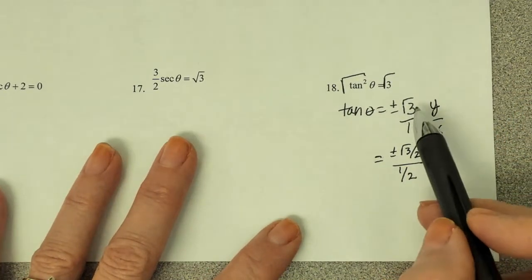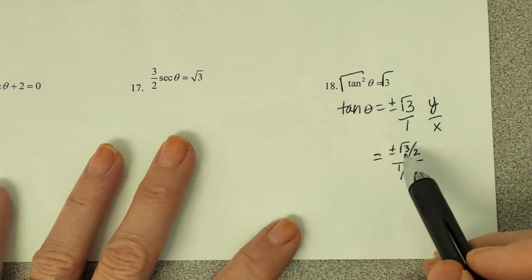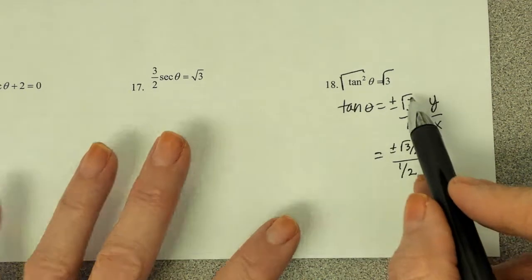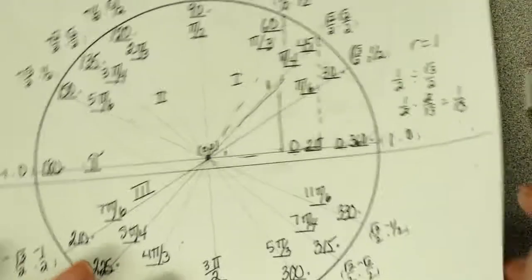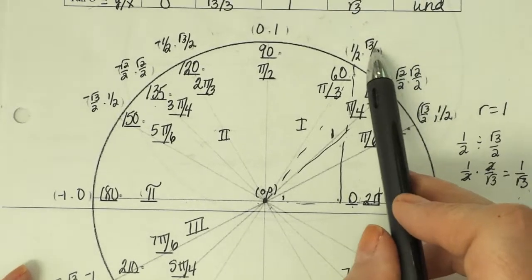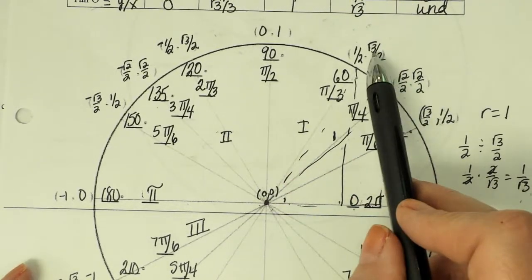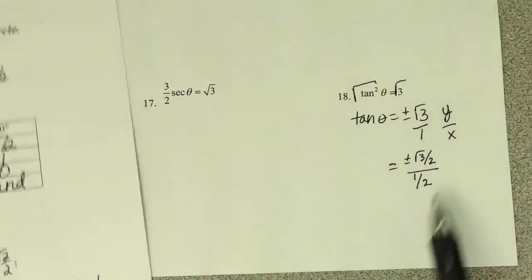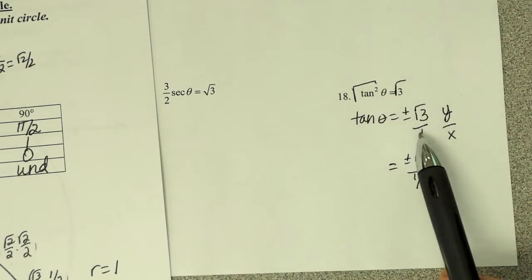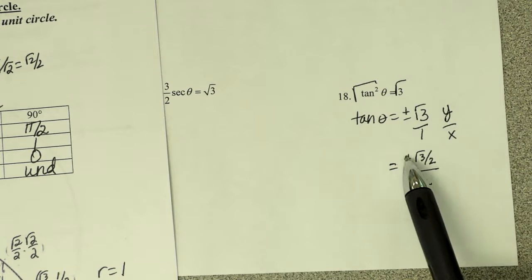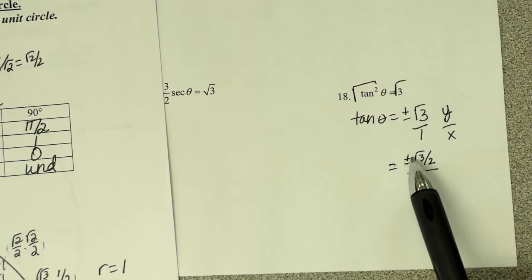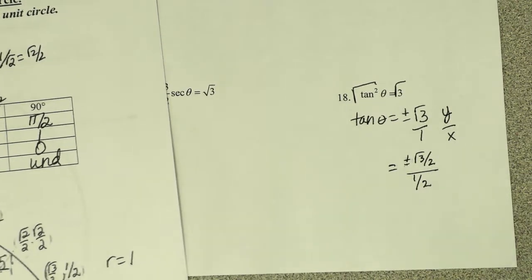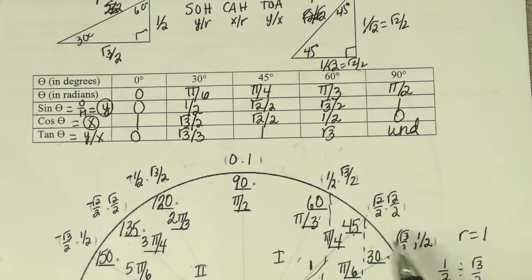See, whenever this happens with these radical 3's on tangent, I know that it can't just be radical 3. Nowhere on the unit circle is y just radical 3. But there are lots of places where y is radical 3 over 2 and x is 1/2. And that would be equivalent to this. So I've got to look at everywhere where y is plus or minus radical 3 over 2 is what I'm looking for.